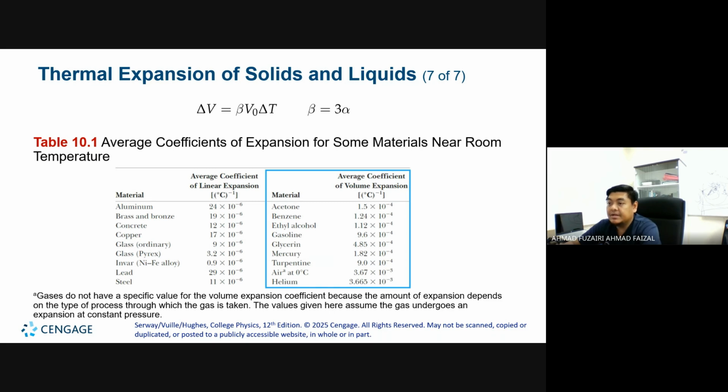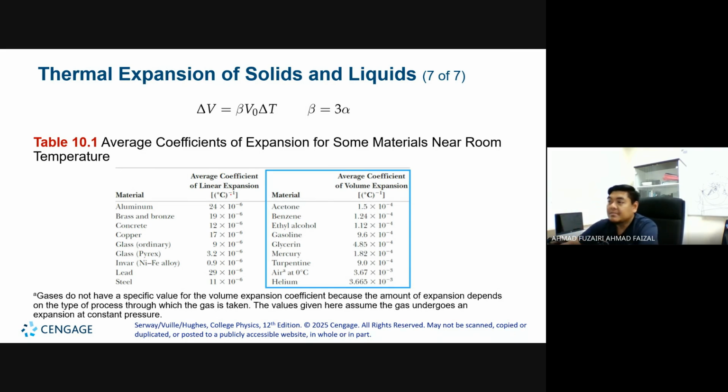Then of course, when you have the area, it should be 2 times alpha, which means we use gamma equals 2 alpha in the previous slides. This shows the increase in volume of an object accompanying a change in temperature, and the average coefficients of linear and volume expansion are in degrees Celsius to the power of negative 1. That means the unit is degree Celsius negative 1.